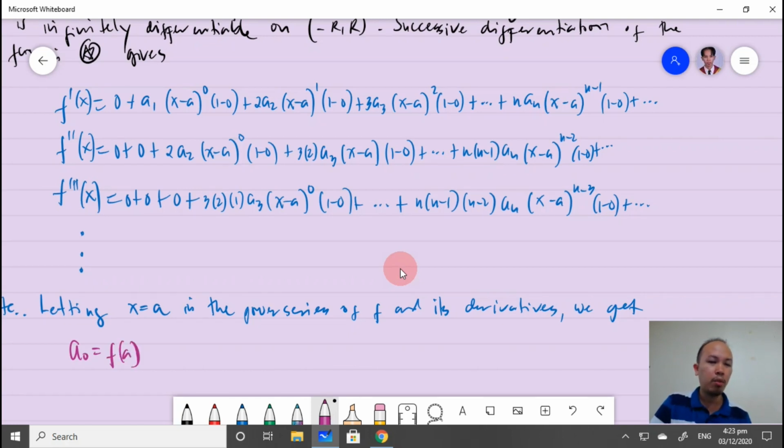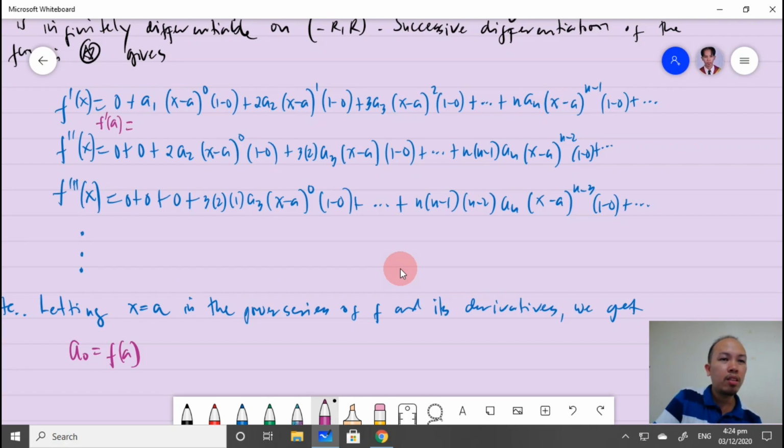Okay, and then for this one, if we replace x here by a, this will become f prime of a.